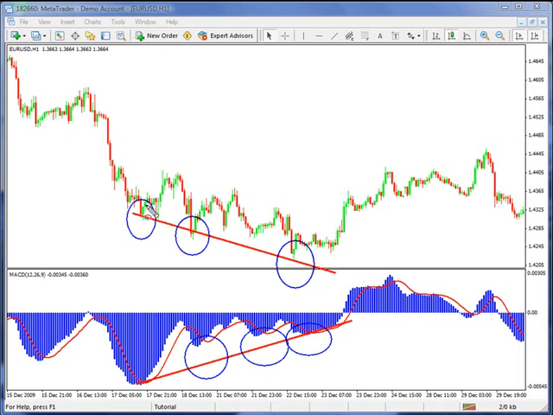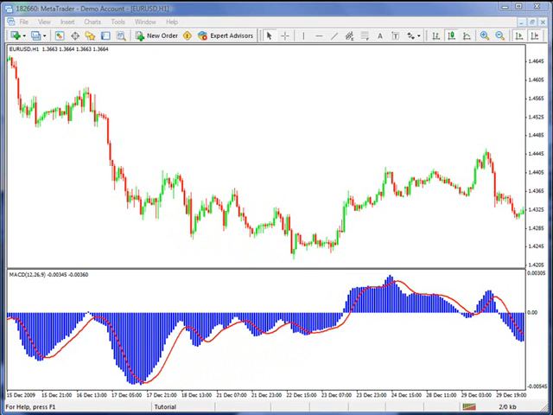So there is in actual fact a change in how the histogram is reacting to the actual trend. It's not following the trend in this particular example, it's going against the trend. Okay, so if we take a look at this point right here, this point right here, and this point right here, here we can see lower low points, and here we can see higher high points. So we've got a divergence in the market.